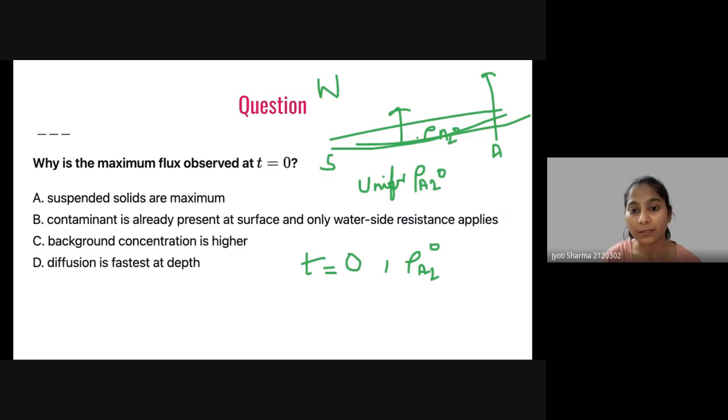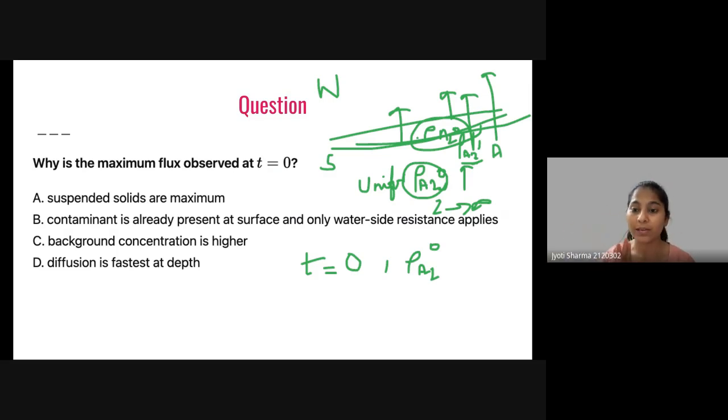Second thing is that as this moves, the concentration will change. Now let's say this is the concentration ρ_A2 dash near the interface, and this is lower than the concentration at z approaching infinity. So this concentration has to move to the interface, and then it will cross, and then the flux will take time.